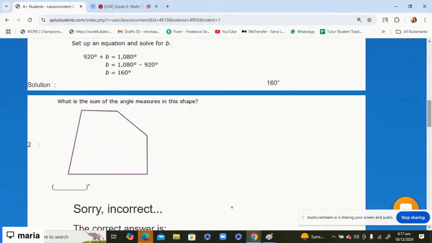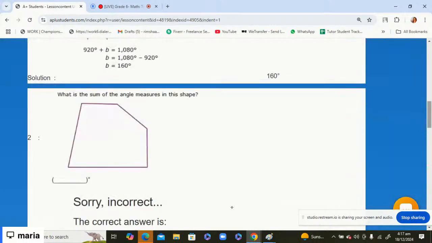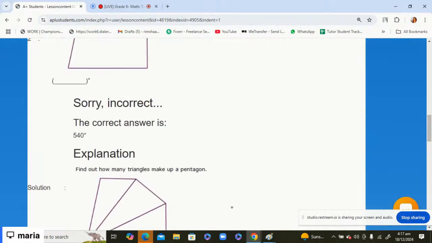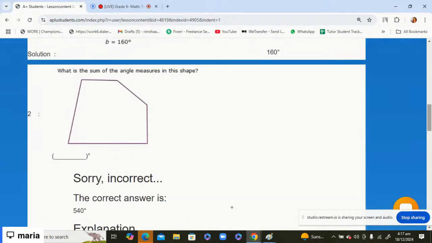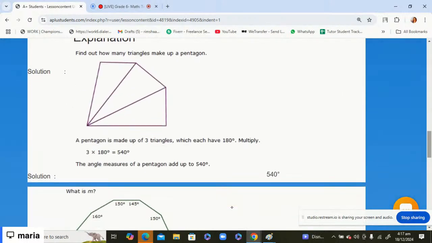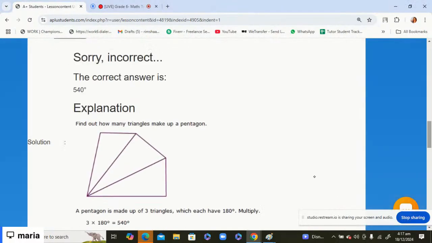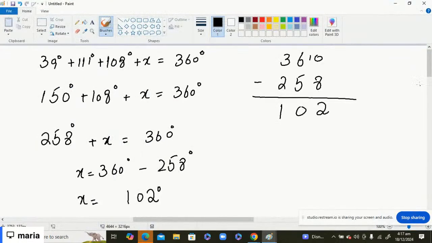Yeah, look at here now. What is the sum of the angle measures in this shape? Look at the shape of this. You're going to divide it into 1, 2, 3 equal parts. So 3 equal parts with 180. That's it. Okay, for example, if they are going to use it this way.